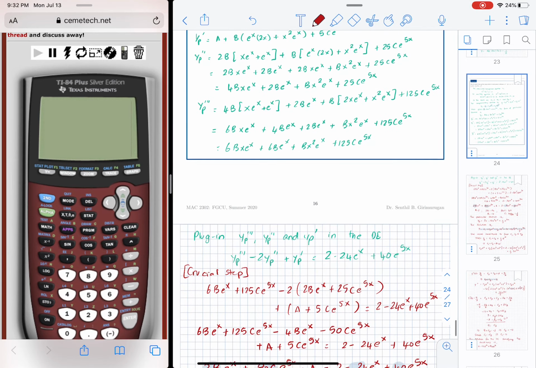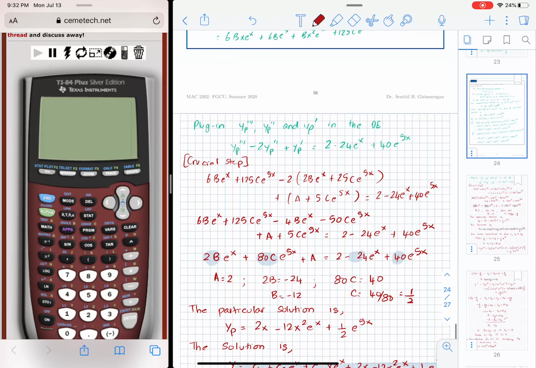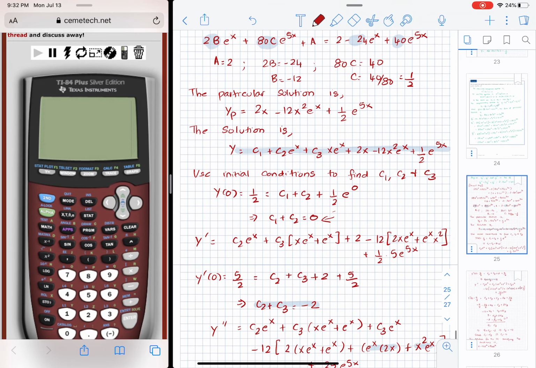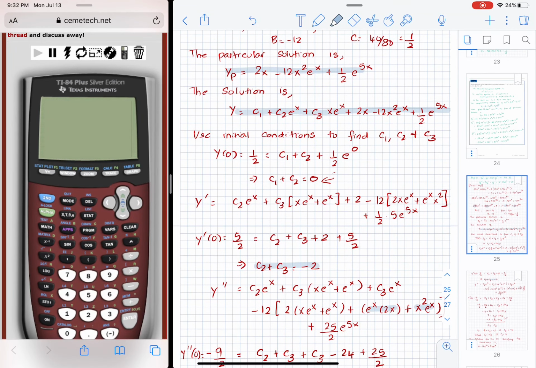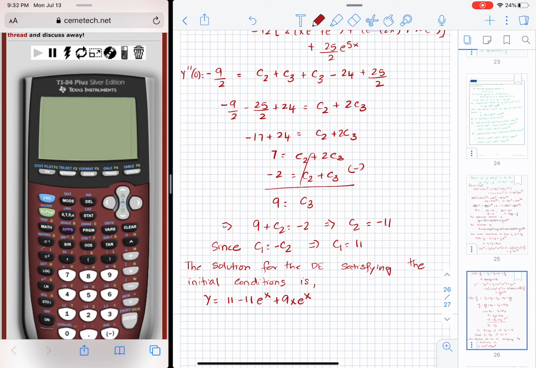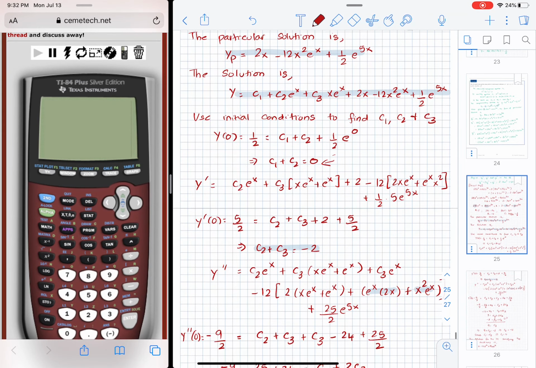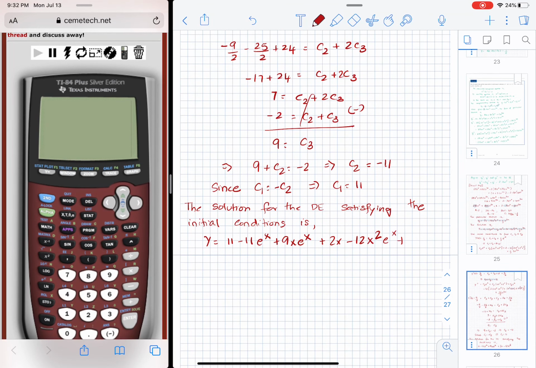There is no c4, the rest would be the particular solution, and the particular solution is what we had earlier, which is right over here, 2x minus 12x squared e^x plus 1/2 e^(5x). And keep in mind, a boundary value problem is no different from an initial value problem. The process is pretty much the same. At the end of the day, we have to find the arbitrary constants that would satisfy the conditions.